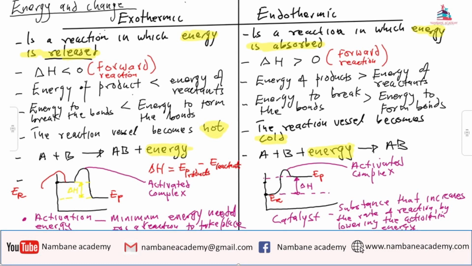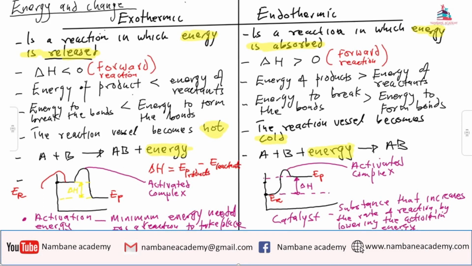So the very first thing is the examiner, without saying anything about delta H, can say the reaction is one in which energy is released. In the stem of the question, the examiners can easily say energy was released. That should be a hint that this reaction was an exothermic reaction.